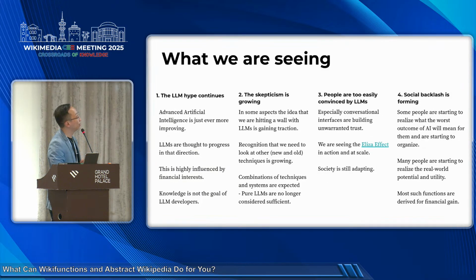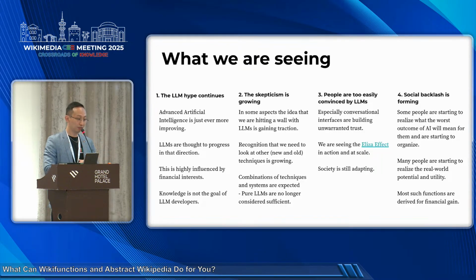What we are seeing here today from the Wikidata team working on this project is that the large language model hype continues, right? This is something that we have all observed and can agree to. Advanced artificial intelligence is just ever more improving.